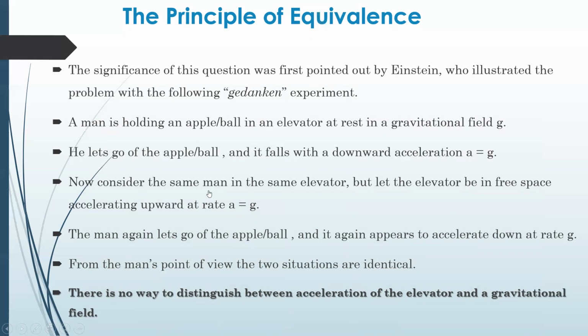Now consider the same man in the same elevator, but the elevator is in free space, that is in space, but accelerating upward at a rate a equal to g. And the man again lets go of the ball and it again appears to accelerate down at the rate g. From the man's point of view, the two situations are identical.